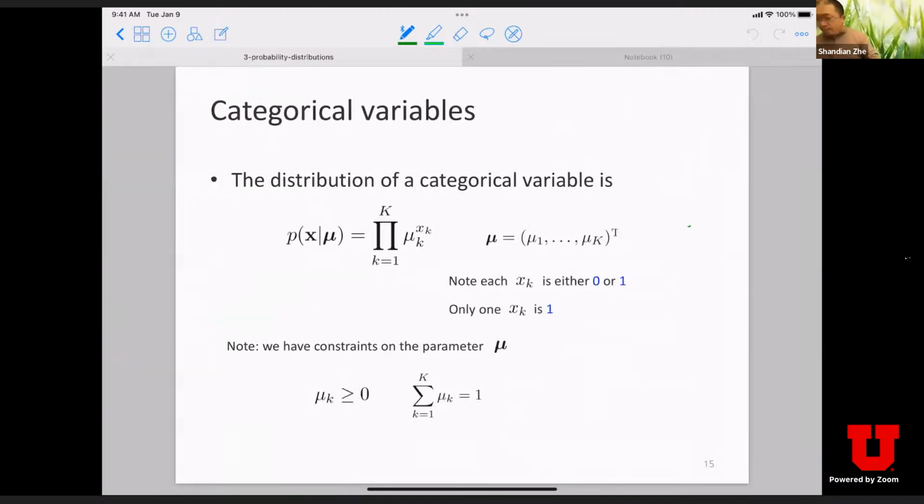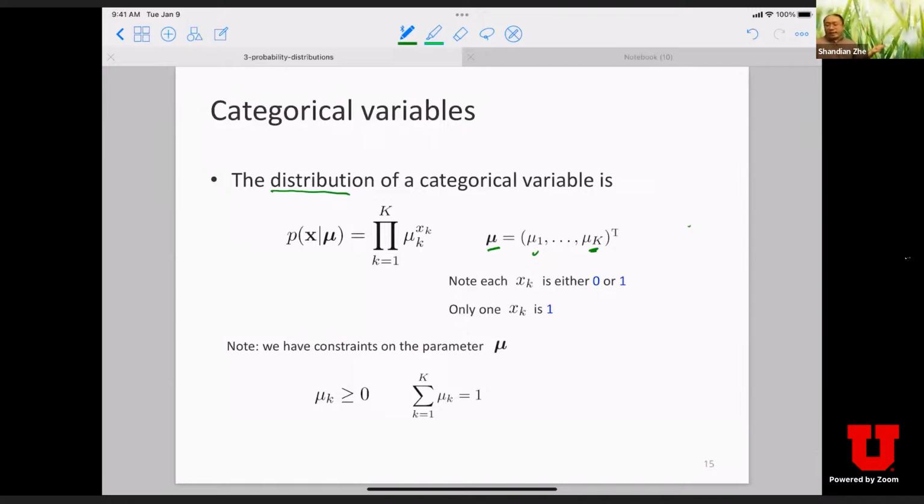Okay. So then how can we write down the probability distribution or probability density of a categorical variable? It's very similar to the binary variable case. But right now, because we have K possible values, K possible categories, then this distribution will be parameterized by a probability vector. So we denote by mu, mu1, mu2 to mu big K. So mu1 represents the chance that X takes the first category.